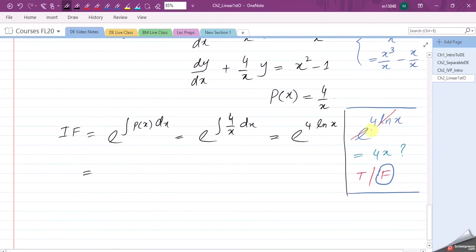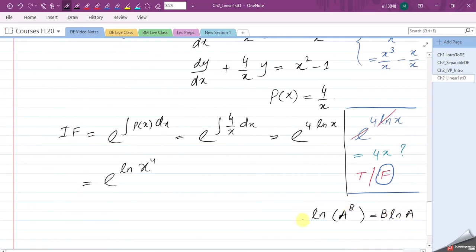We cannot cancel log and e like this because there is a 4 in between. We have to first get rid of this 4 from here. How do we get rid of this 4? We use a property of log again in the reverse order, and we write this. There's a property of log that allows us to write b log of a as log of a power b.